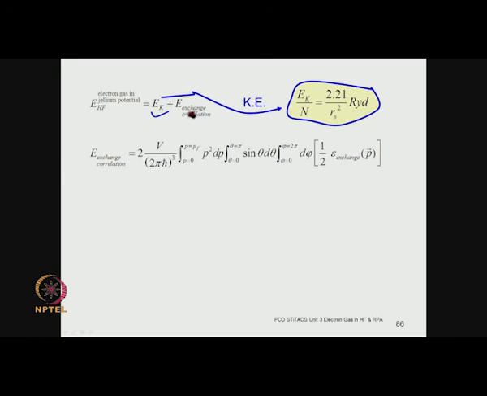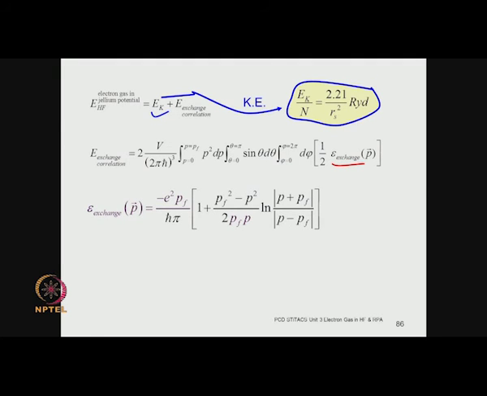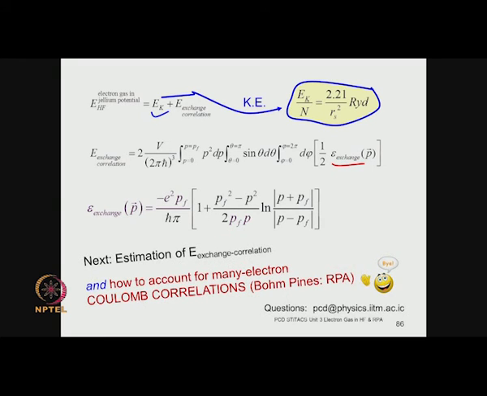We already knew that the Hartree-Fock energy is the sum of the kinetic energy part and the exchange part, and we know that the exchange is given by this term. We have this result from our previous analysis. For the exchange term, we got an explicit expression.